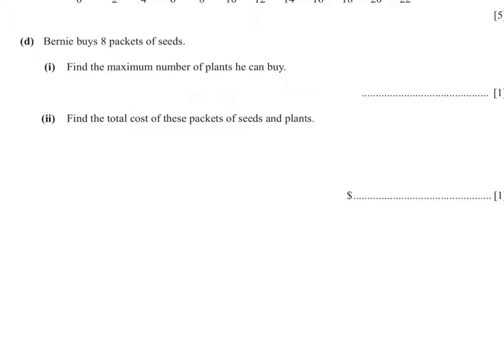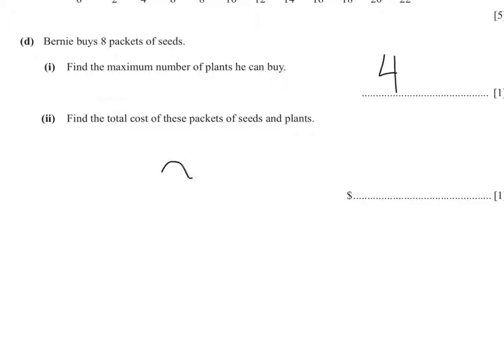Bernie buys 8 packets of seeds. Find the maximum number of plants he can buy. If we go back to our graph and look up here, four plants.